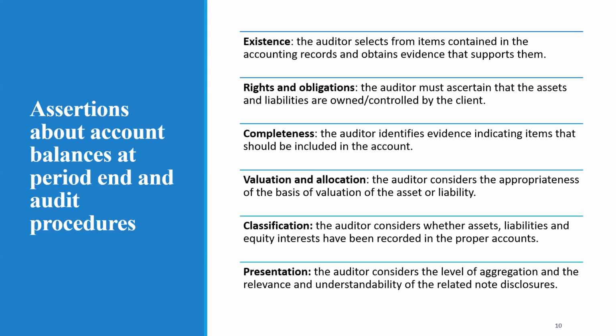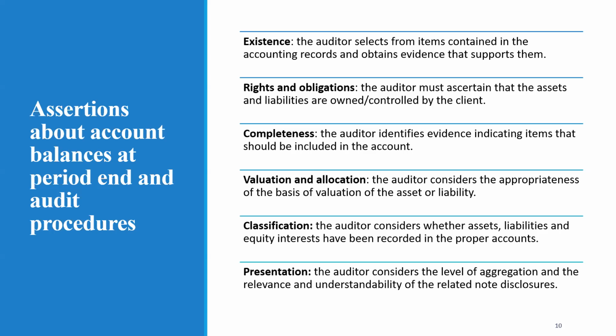Another type of normal test for existence, often used for testing transactions, is confirmation, right? And if the existence is about physically existing items, then you should also consider physical inspection, for example, to physically sight the PPE items, physically sight the existence of the inventory. So those tests are the natural tests for the existence assertion.